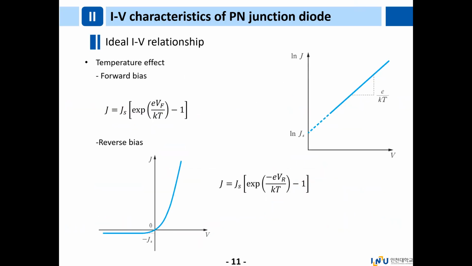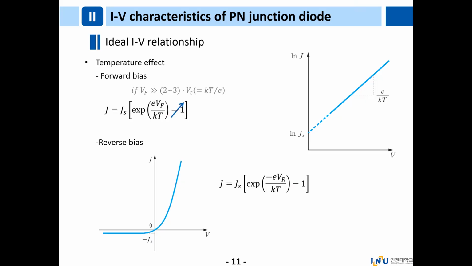In this situation, if the forward bias is several times higher than the thermal voltage, minus 1 in the equation can be ignored.